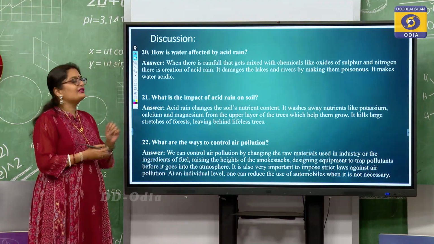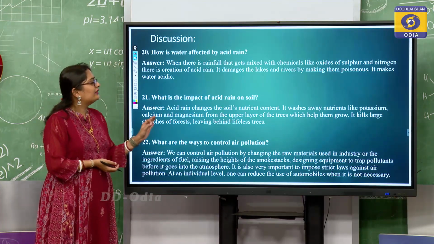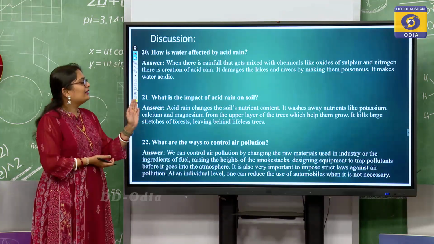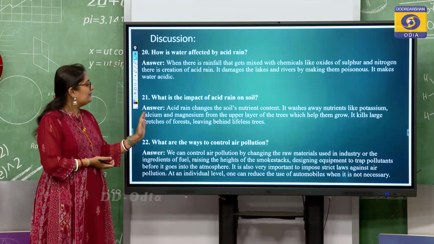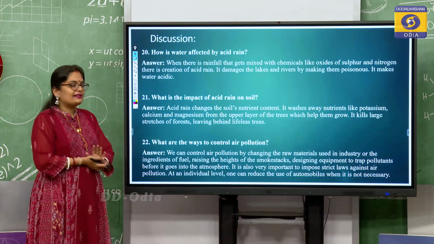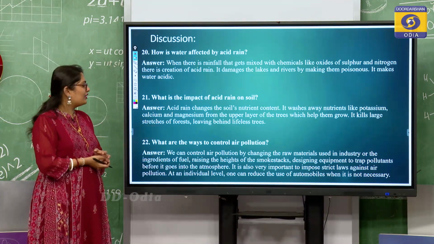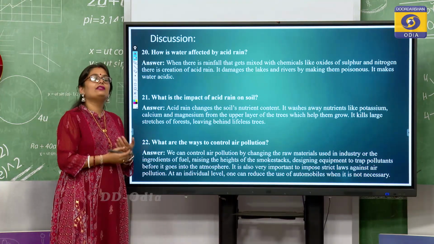So, this acid rain will change the nutrition content of the soil. It will wipe away nutrients like potassium, calcium and magnesium from the upper layers, and as a result it will kill large stretches of forests, leaving behind lifeless trees.